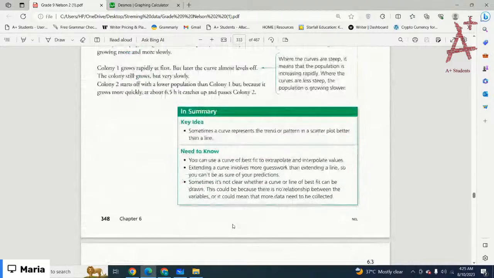Sometimes a curve represents a trend or pattern in a scatter plot better than a line, right? You can use a curve of best fit to extrapolate and interpolate values. Extending a curve involves more guesswork than extending a line, so you can't be as sure of your predictions.